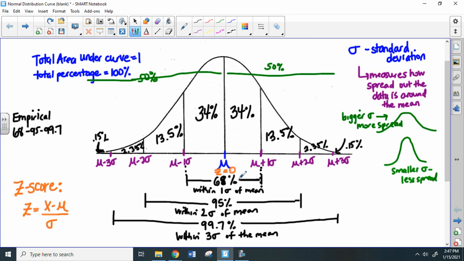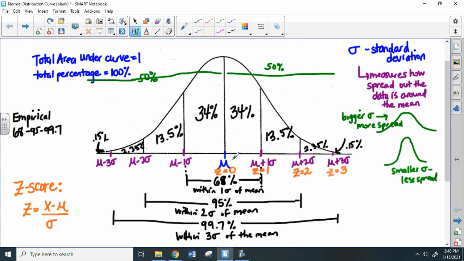You have not moved any distance from the mean. As you work your way forward, every standard deviation forward, you go up by 1. So when you add exactly 1 standard deviation, your z-score is 1. When you are exactly 2 standard deviations from the mean, your z-score is 2. When you are exactly 3 standard deviations from the mean, your z-score is 3.